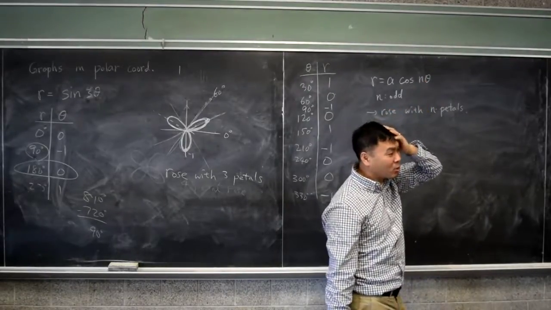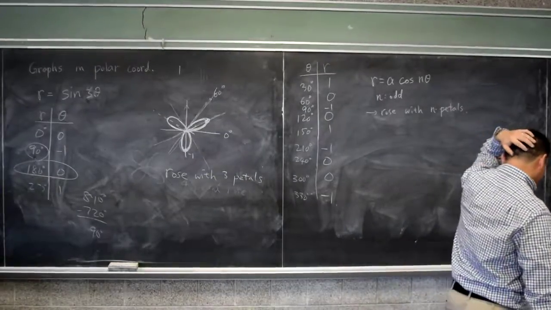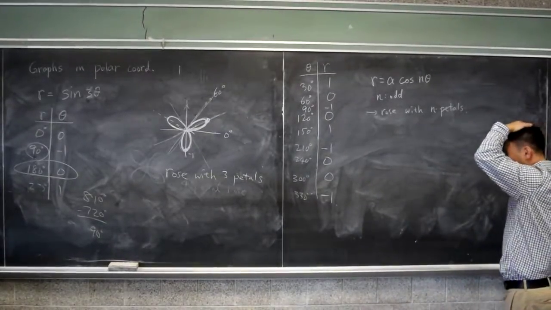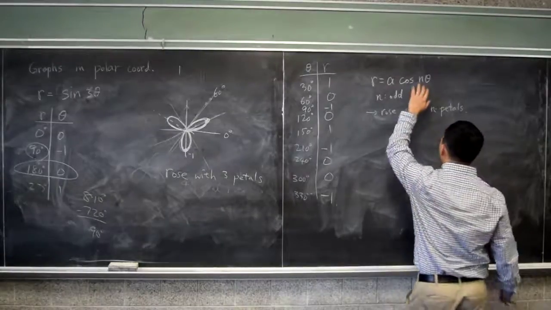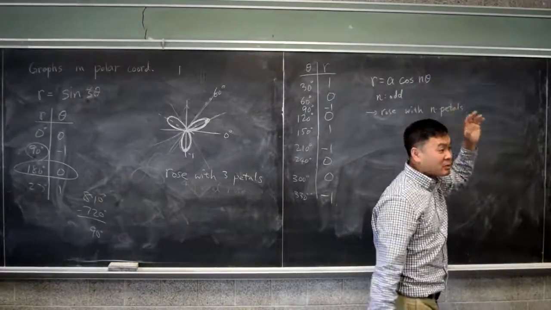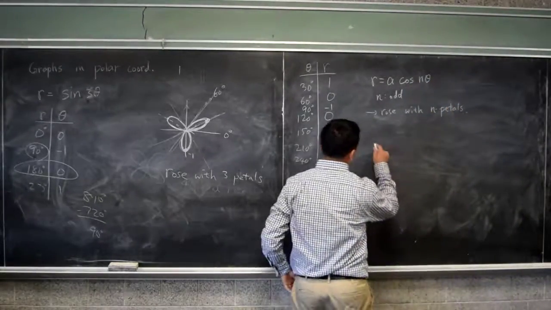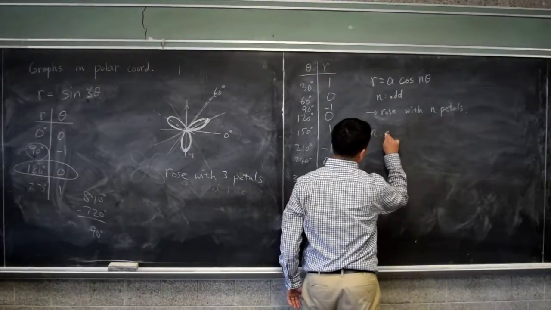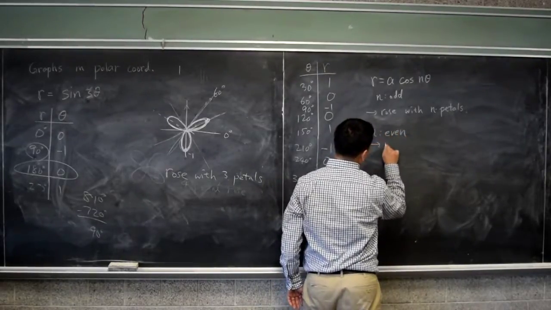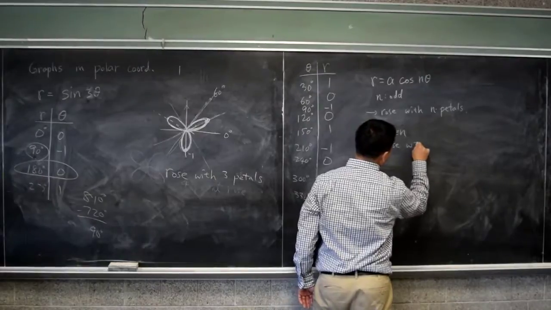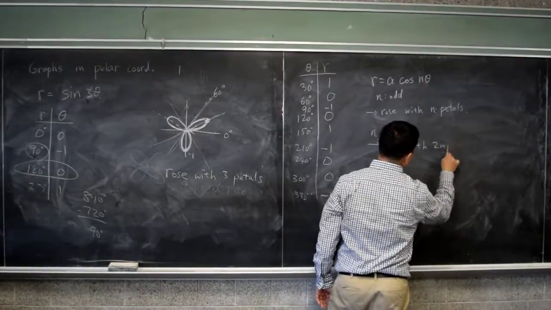If you want rows with 12 petals, what do you put this n as? 6, because if n is even, we have rows with 2n petals.